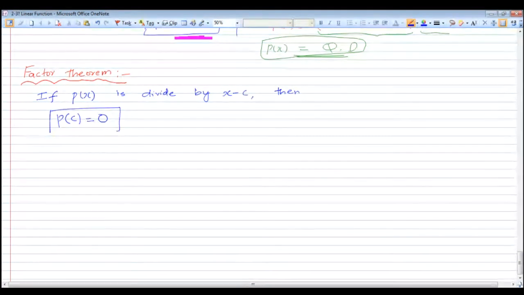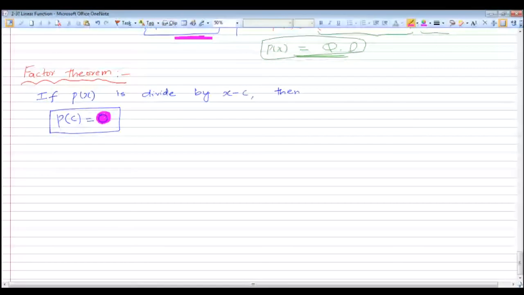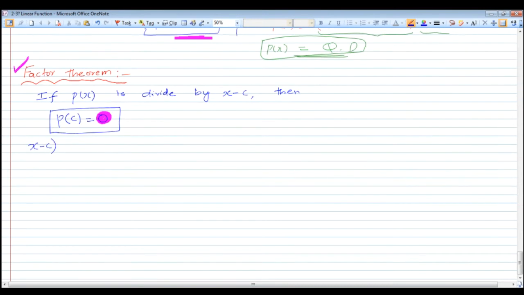This is the only difference between the factor theorem and the remainder theorem. In the remainder theorem, you will get some value, but in the factor theorem, it should be 0 always. Whenever you find the remainder is 0, I can say x minus c is a factor of P of X. So this is a very important rule.